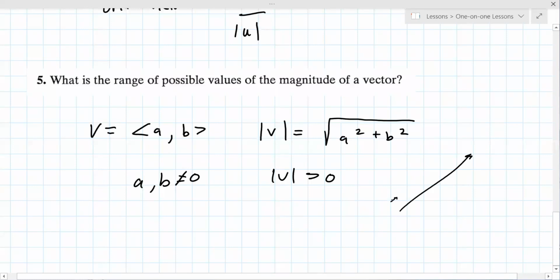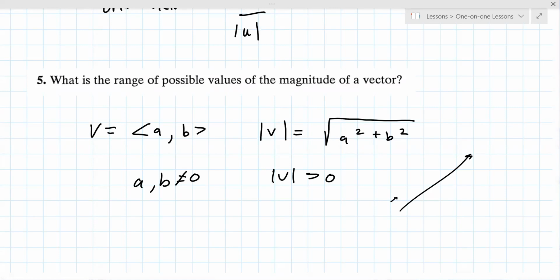The magnitude is always the square root of them, so it is always positive. It doesn't matter what a and b are, as long as one of them is not 0, you have a vector. And the magnitude can never be 0. It's always greater than 0.